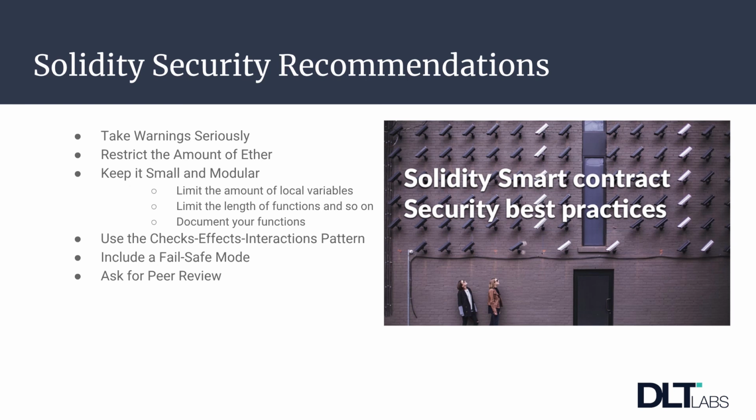Include a fail-safe mode. While making your system fully decentralized will remove any intermediary, it might be a good idea, especially for new code, to include some kind of fail-safe mechanism. You can add a function in your smart contract that performs self-checks like has any ether leaked, is the sum of the tokens equal to the balance of the contract, or similar things.